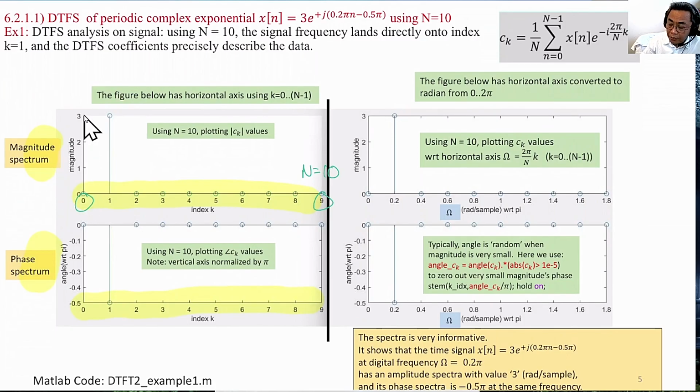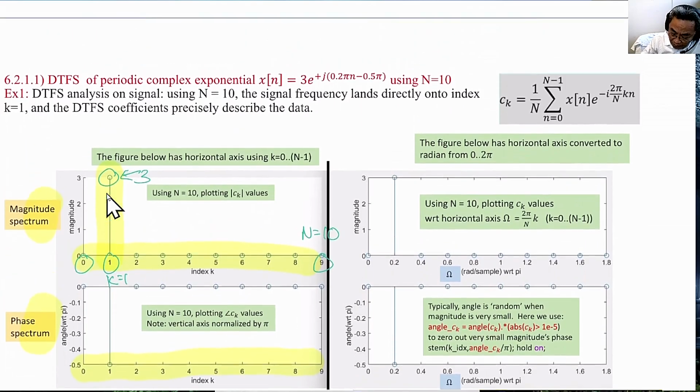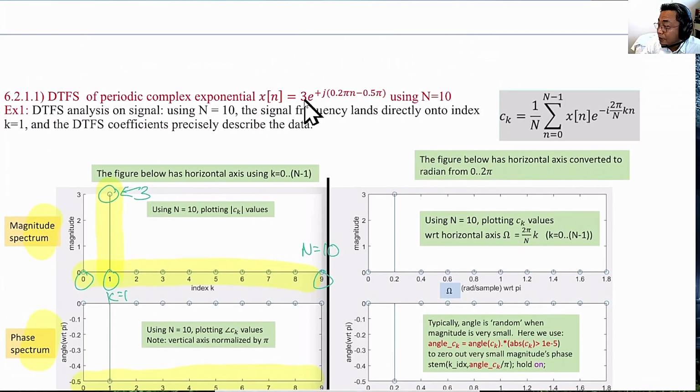Now in the magnitude plot, what do we get? We get only one single line at k equals 1, and at k equals 1, the value is 3. What is this 3? Well, remember that the complex exponential has magnitude 3. So at k equals 1, we have magnitude 3, telling us exactly this 3 here.